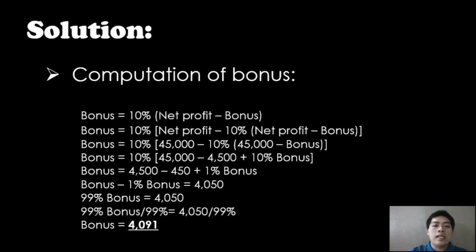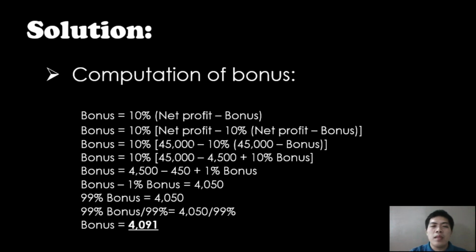Okay. So, kung i-expand natin yan, yung bonus, ganito yung kanyang presentation. Kasi ito naman siya. Yung bonus daw, 10% ng net profit minus bonus. So, yung bonus natin dito, we can have it interpreted as 10% ng net profit minus bonus. Then, i-post yung amounts. We have here 45,000 minus 10% ng 45,000 minus bonus.